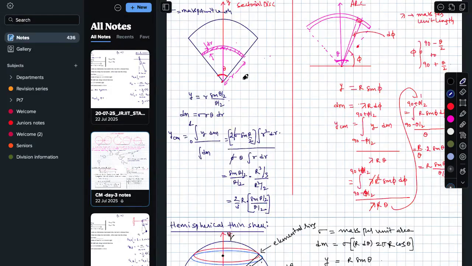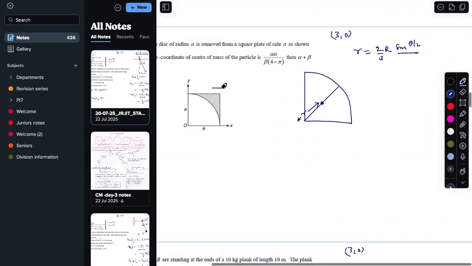Right? If you don't trust me, put theta equal to pi. You will get 4r by 3 pi. That is the center of mass location of a semicircular disk.